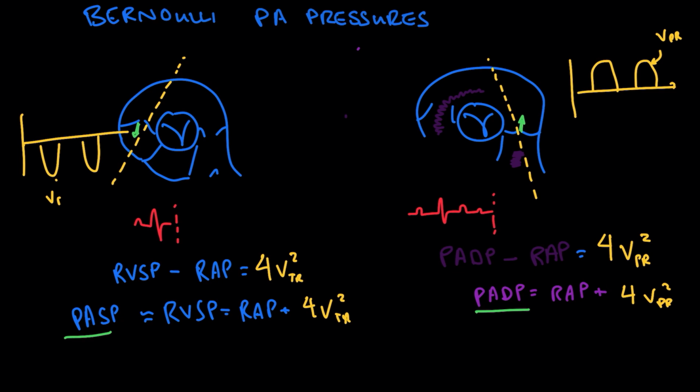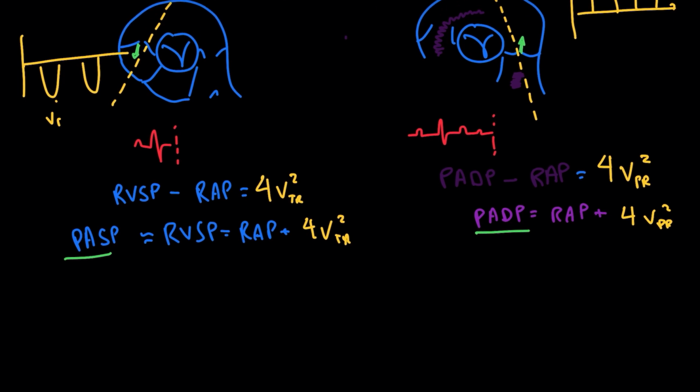And so you can actually use that to figure out your mean pulmonary artery pressure. There's a couple different ways, but you may recall a formula that says if you take your diastolic blood pressure plus 1/3 of the difference between your systolic minus your diastolic blood pressure, that equals your mean blood pressure. That's one way to do it.